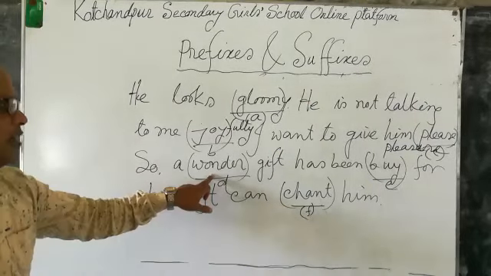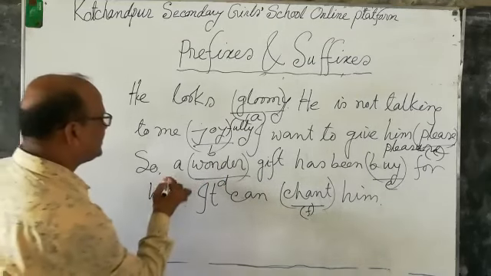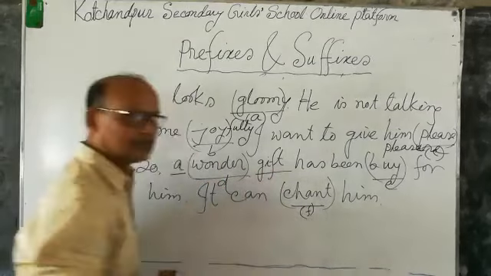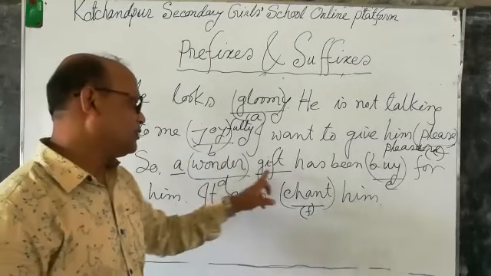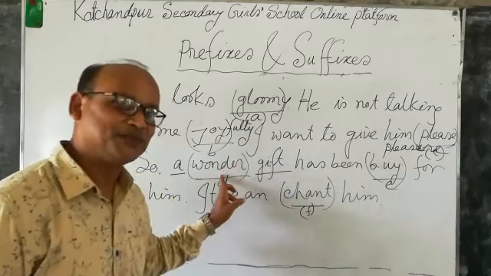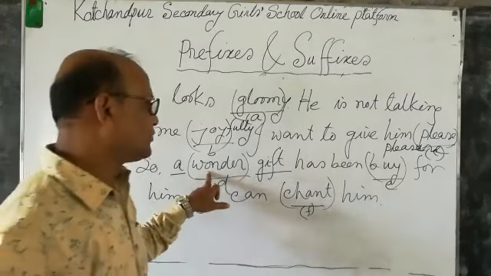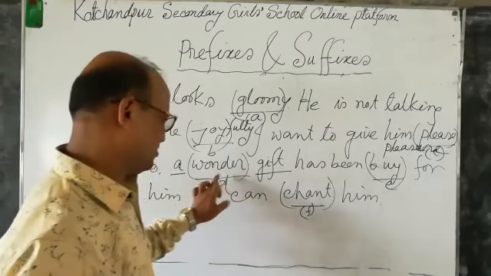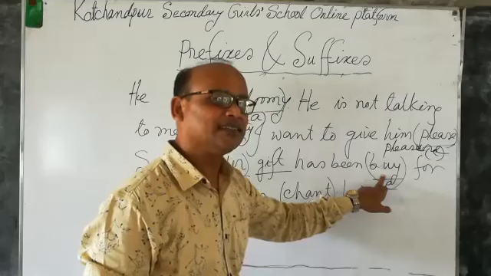So, wonder, gift. It is article and it is noun. We have learned that after article and before noun, adjective is used. So, it will be wonderful. You are right. Wonderful. So, a wonderful gift has been by.